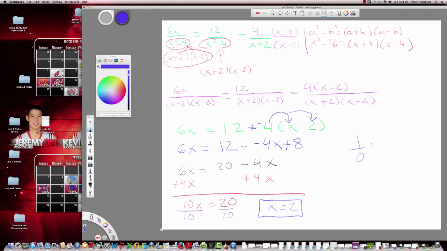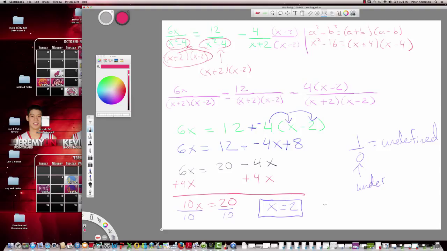A little easy way to remind you: if 0 is under, it's undefined. Because I get 0 in the denominator, I don't even care about the top. x equals 2 can't be the solution.